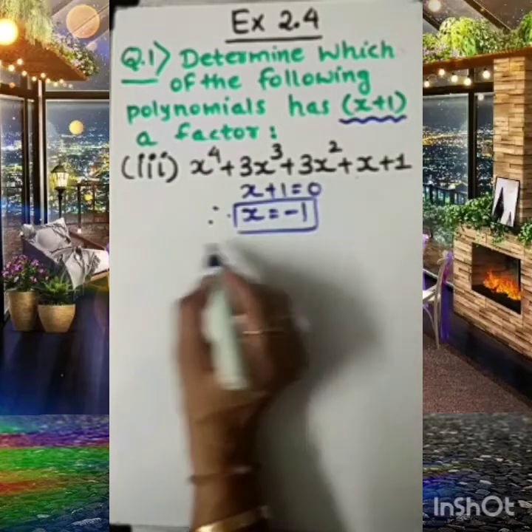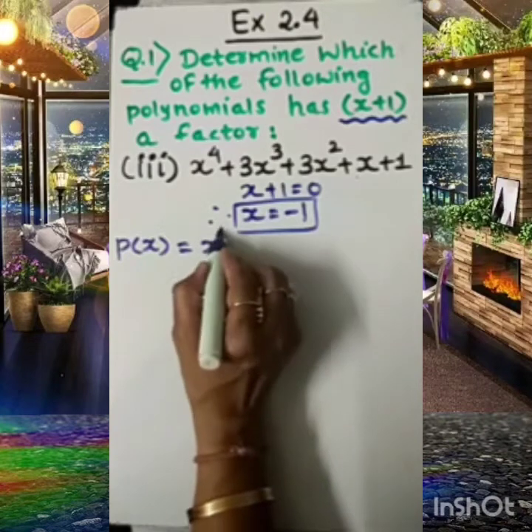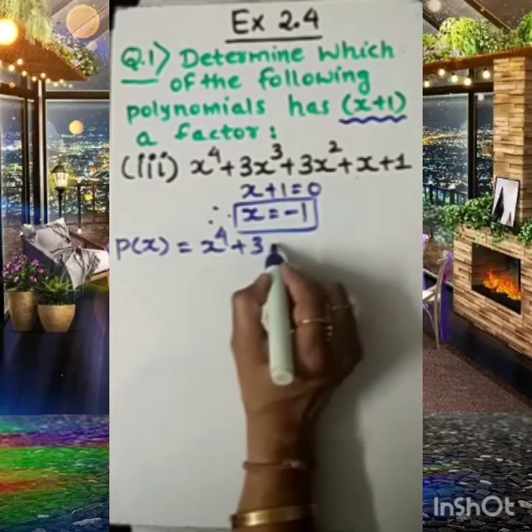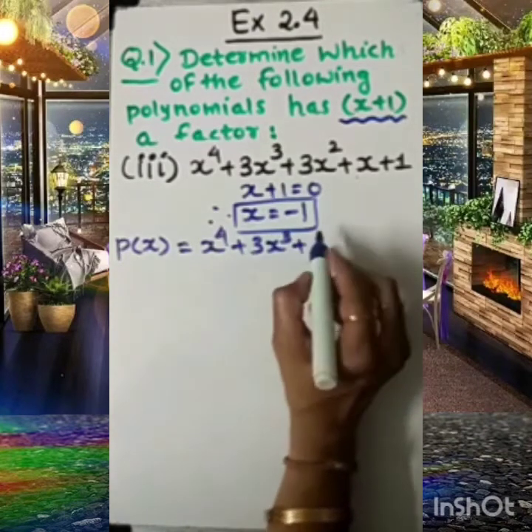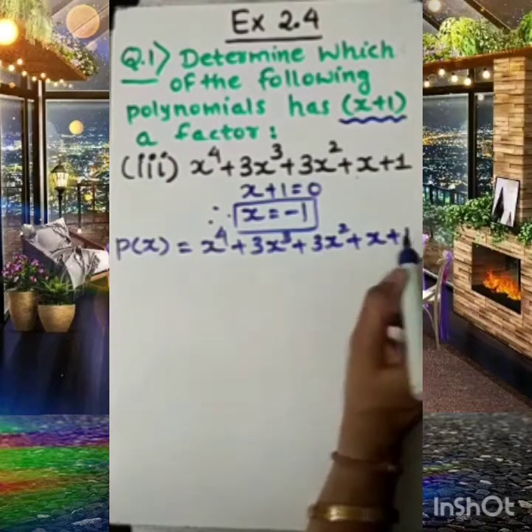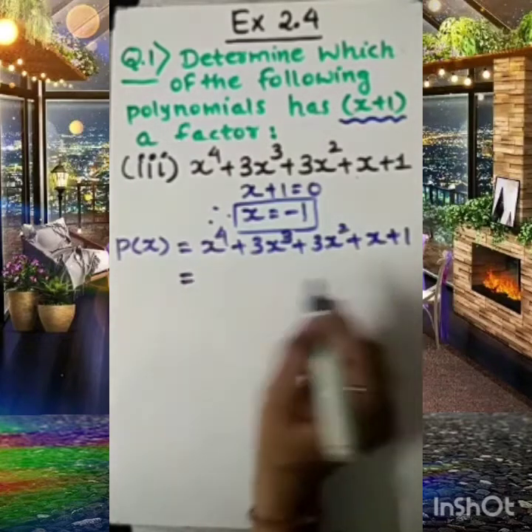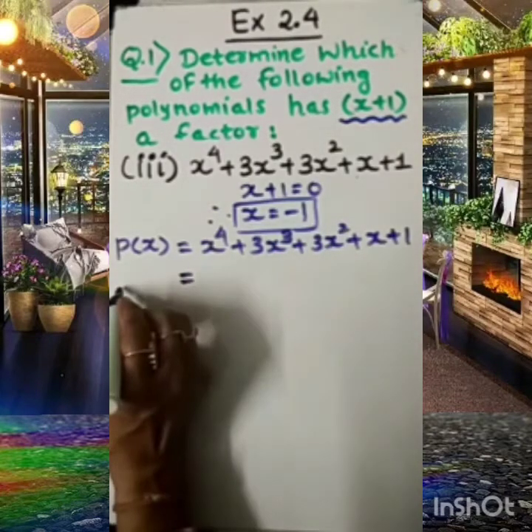Fine. Now I take this polynomial as p(x): x to the power 4 plus 3x cube plus 3x square plus x plus 1. This is what we are given, so we are putting in its value.